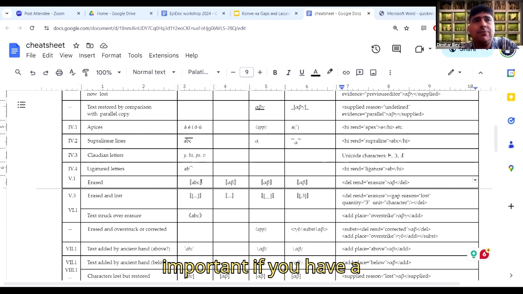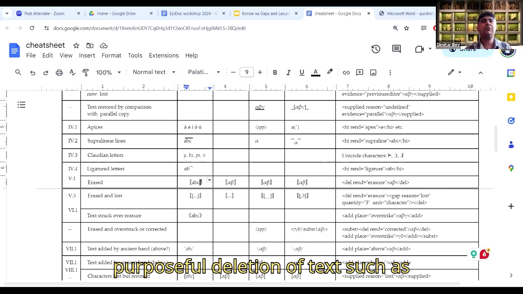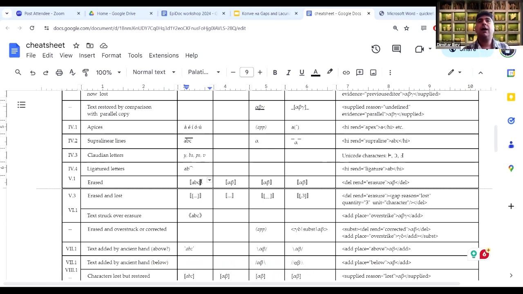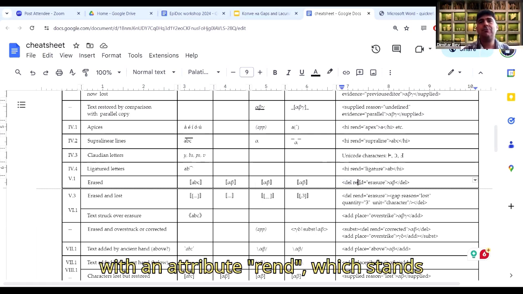Something very important, if you have a deletion, not something that is destroyed by time, but a very purposeful deletion of text, such as in damnatio memoriae, you use the element del with an attribute rend, which stands for rendition, erasure.